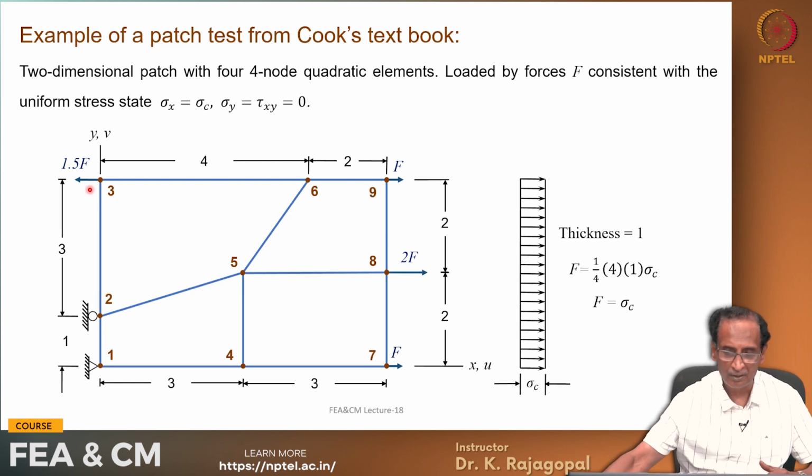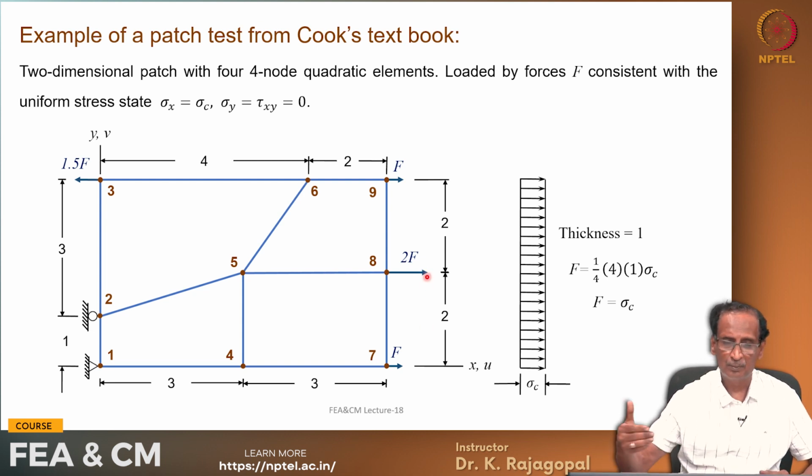Okay. So, here if our sigma c is the pressure applied, the force at each node is sigma c multiplied by this height multiplied by unit thickness divided by 2.